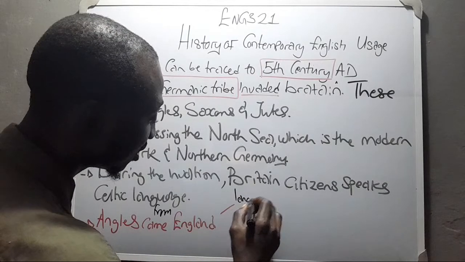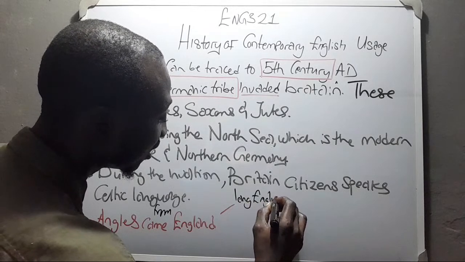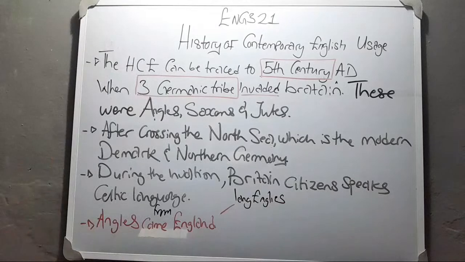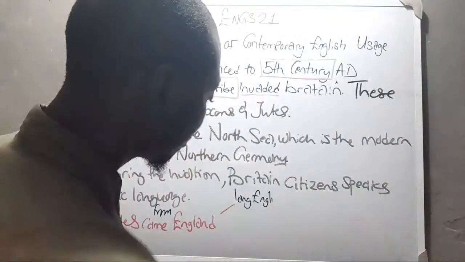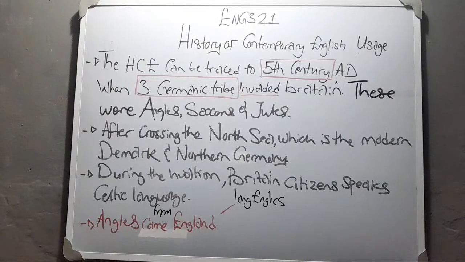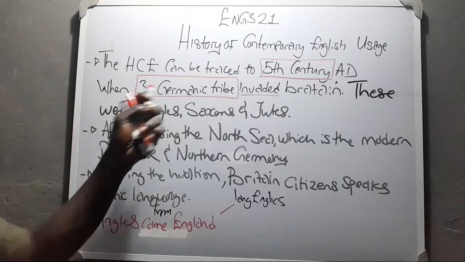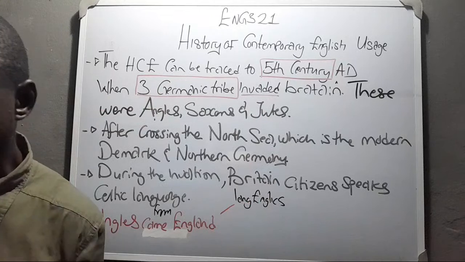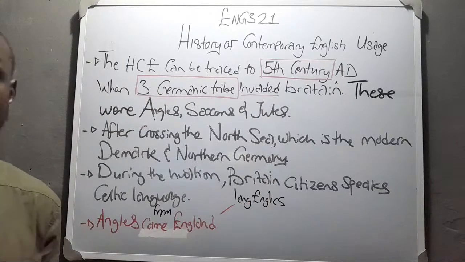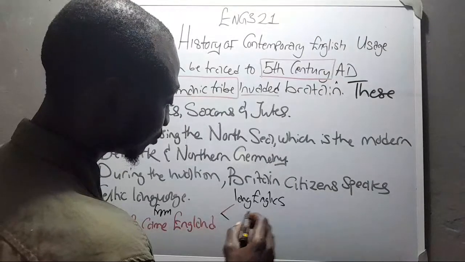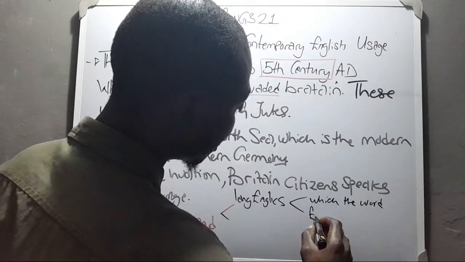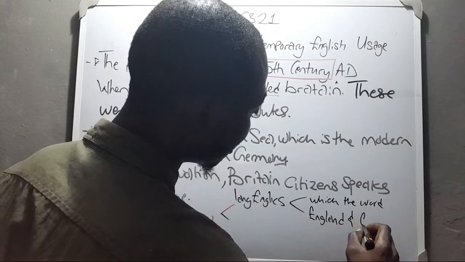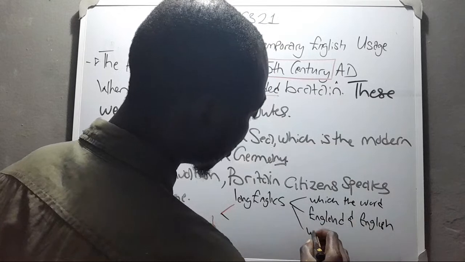They speak English. Angles, which happened to be one of the Germanic tribes that invaded Britain, speak English, from which the word England and English was derived.